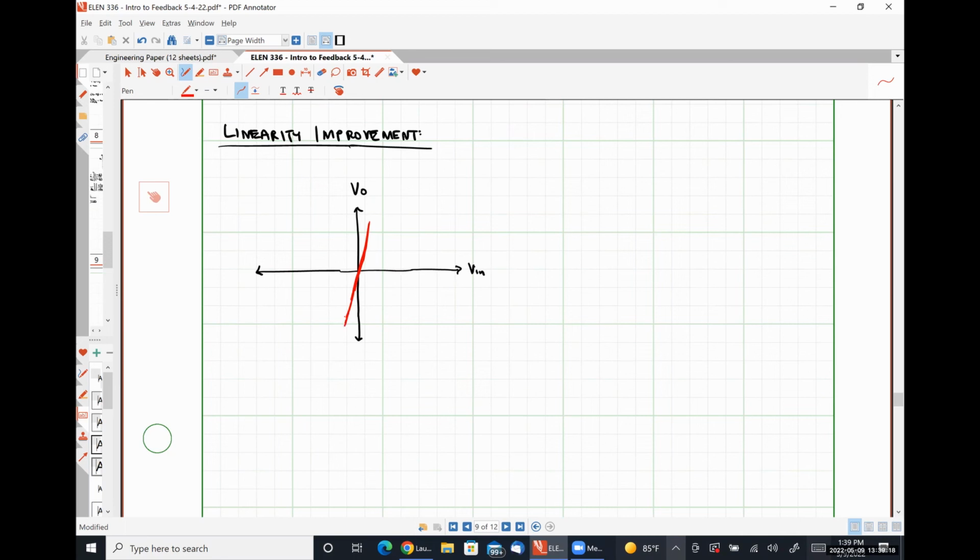Trying to draw something approaching a straight line here. Something like this, okay? Where the output of our amplifier is constrained by our power supply voltage, right? And the slope of this is our open loop gain.